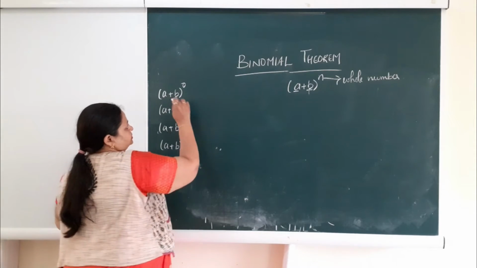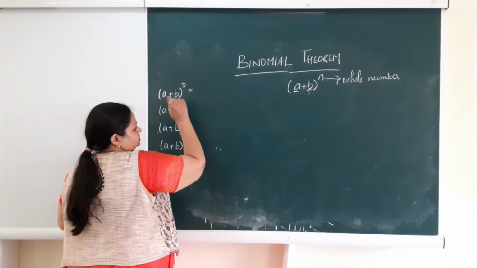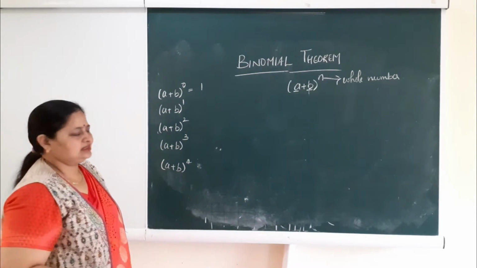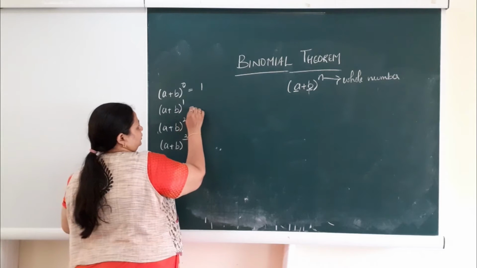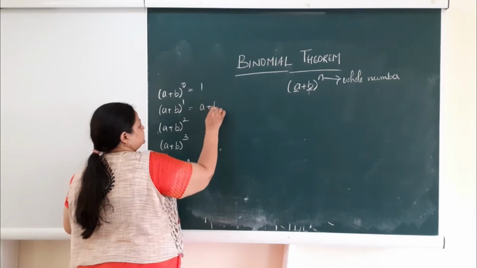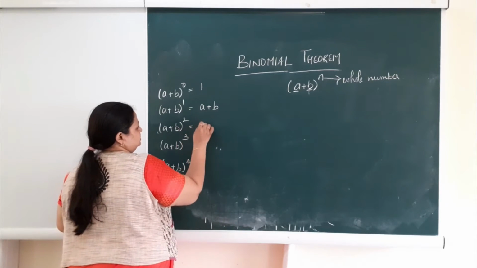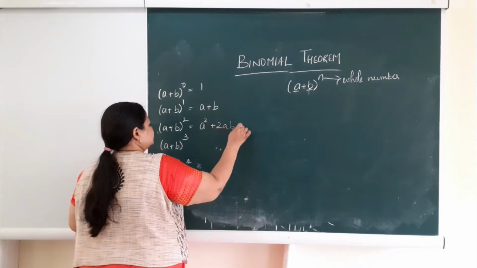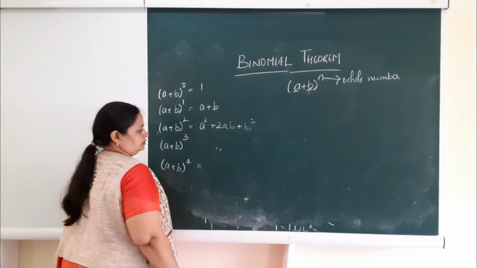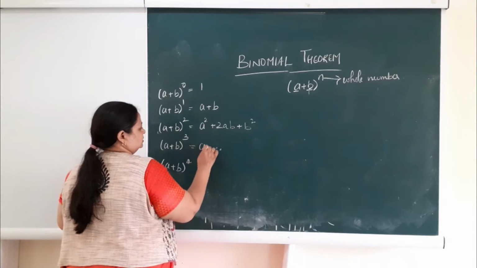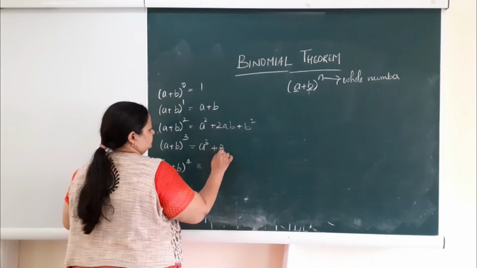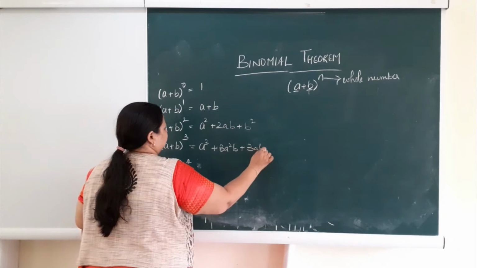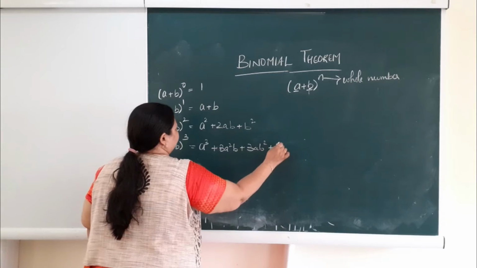Then we can generalize. (a + b) raised to the power 0 is obviously 1, since any base raised to the power 0 is 1. Then this is going to be a + b. And this is a square + 2ab + b square. This is a cube + 3a square b + 3ab square + b cube.